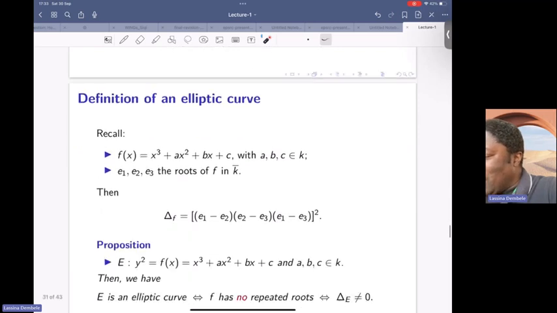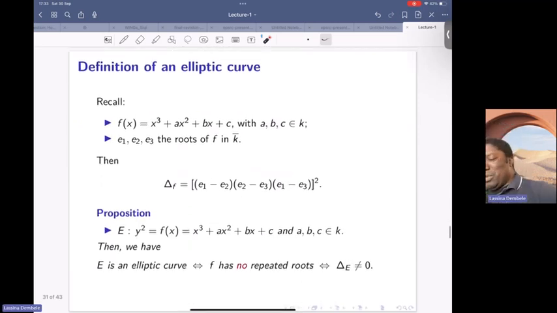Okay. Now, if we have a cubic, I'm going to recall some fact that you might have seen in your course in algebra. So if you have a cubic f, and then you have the 3 roots of that cubic, then you can always write the discriminant in terms of those roots.